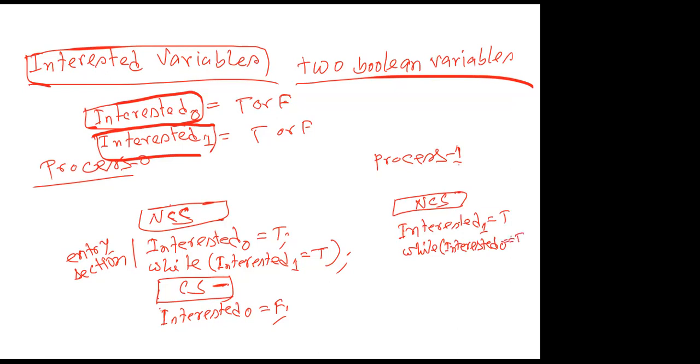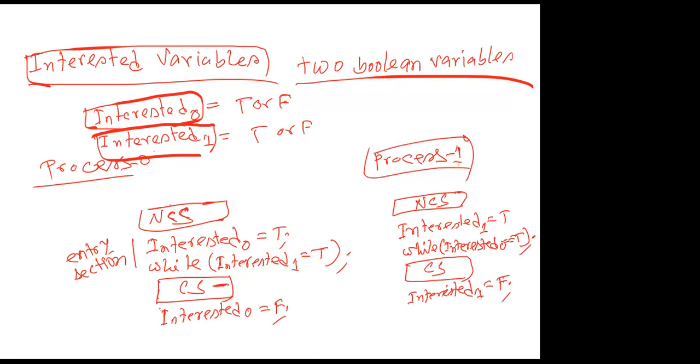If it is true, it stays in the while loop; otherwise it enters the critical section. The exit section makes interested 1 equal false. So interested 0 and interested 1 are global variables shared by these two processes.